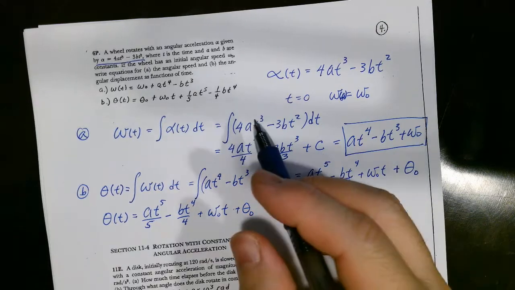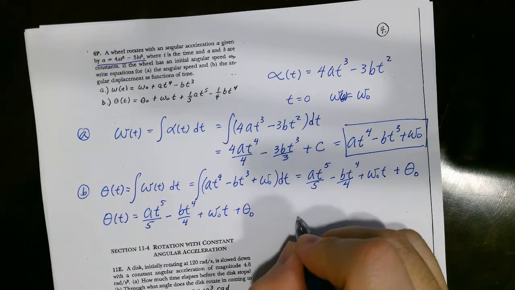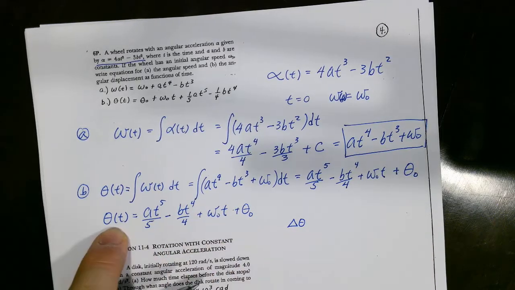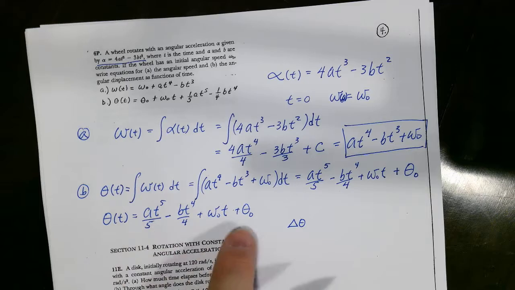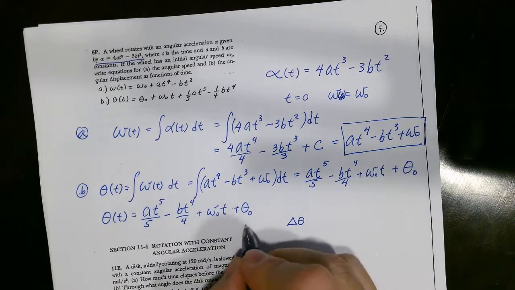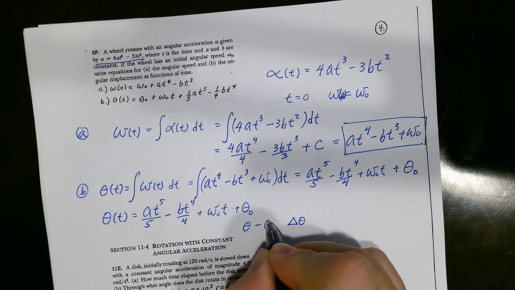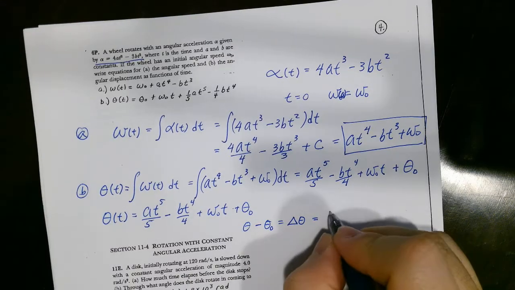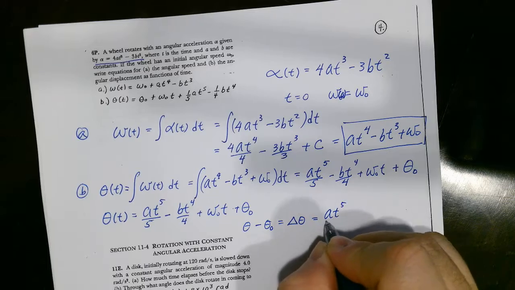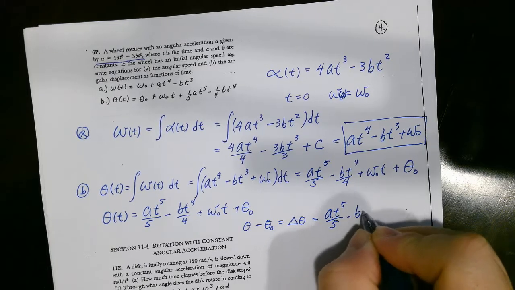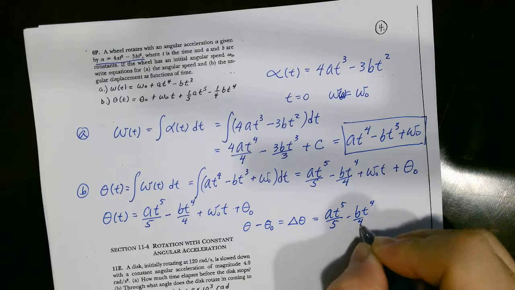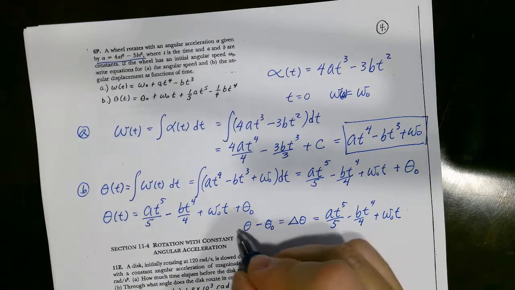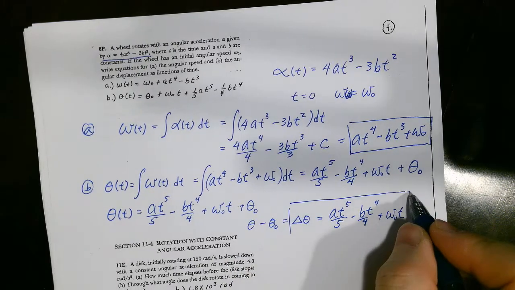So if you want the angular displacement, then the delta theta, if I bring this to the other side, it becomes negative theta naught. So theta minus theta naught is delta theta, and that is equal to a t to the fifth over 5 minus b t to the fourth over 4 plus omega naught t would be the proper answer.